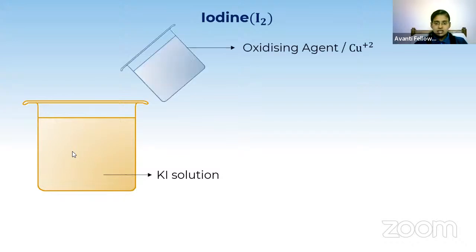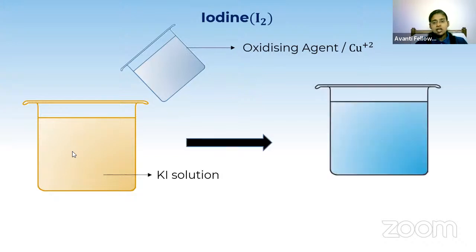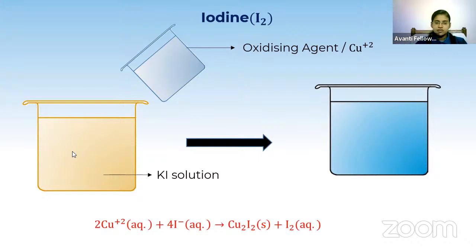They will produce a light blue colored solution. If you are adding copper 2+ to KI solution, it will change its color from colorless to blue. So this is the first thing you have to do. Copper 2+ is getting added to KI. In KI, we have K+ and I-, right?